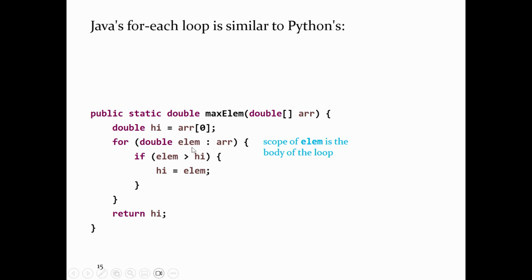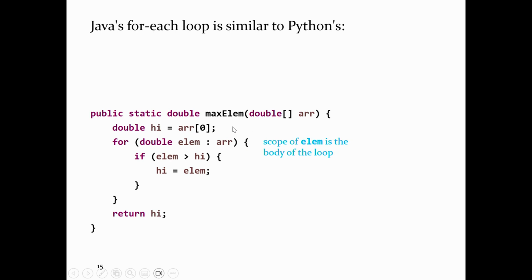Okay, so here, this is actually a variable declaration. This variable elem has a scope. The scope of elem is the body of the loop. So you can use elem inside the loop. If you need it after the loop, this won't work, because the name elem does not exist after the loop.